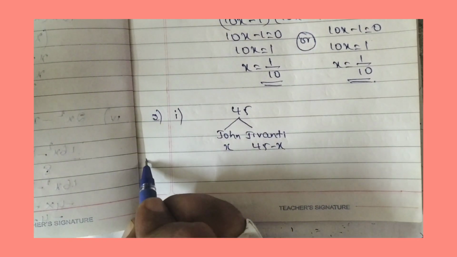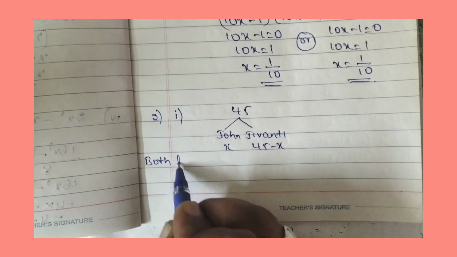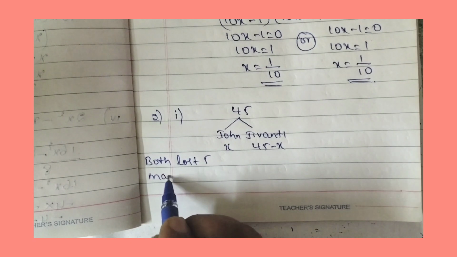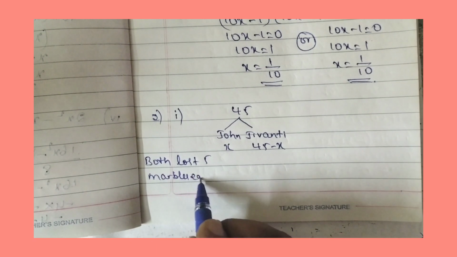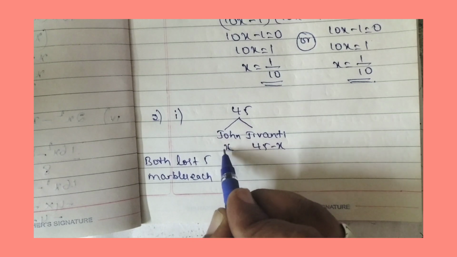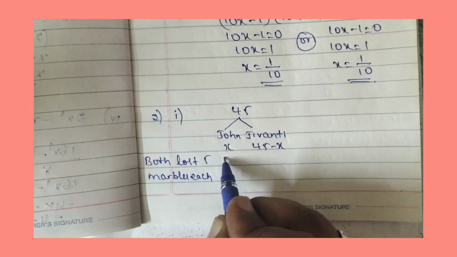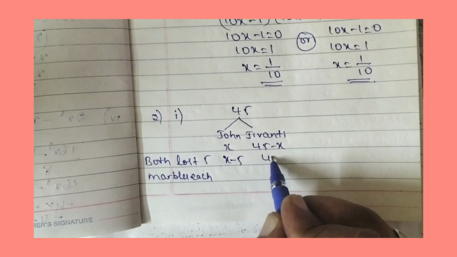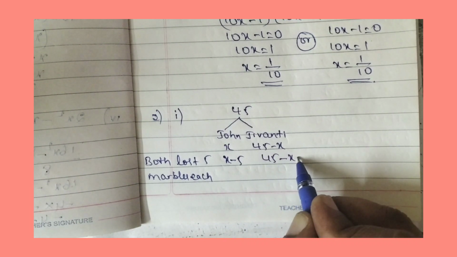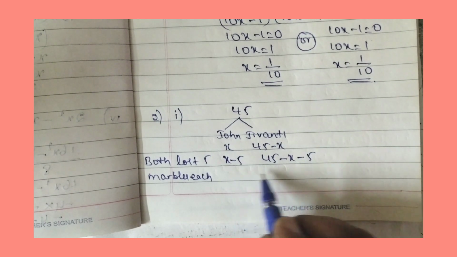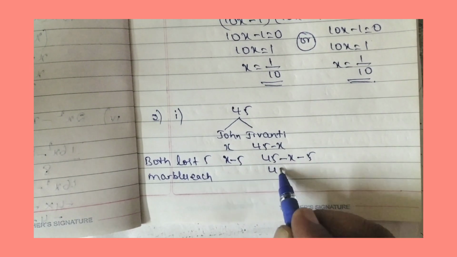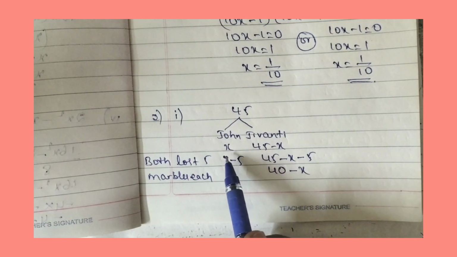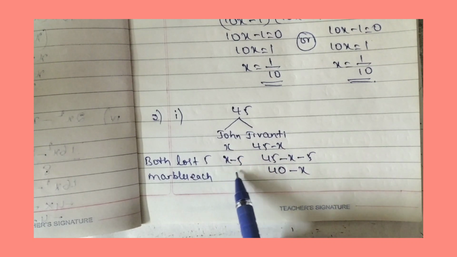Now both lost 5 marbles each. John had x but lost 5, so the number of marbles with John is x − 5.